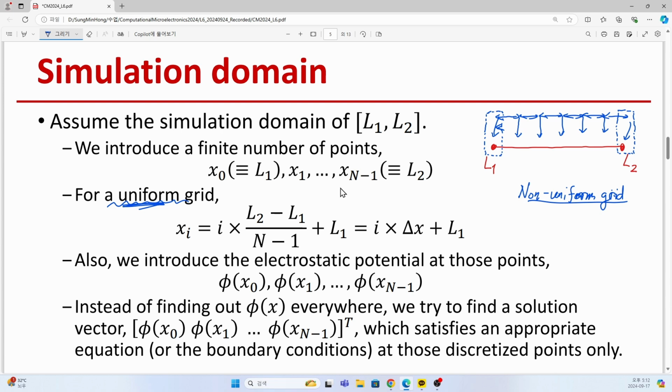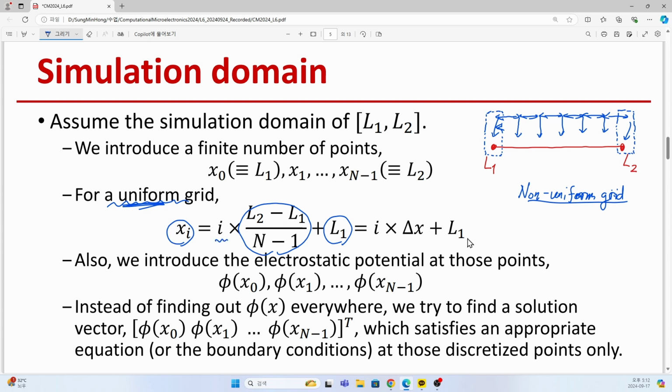And how can you find the position? Here it is quite easy. Starting from L1, the distance between two neighboring points can be multiplied by the number.